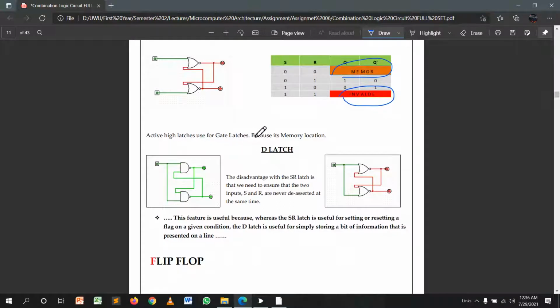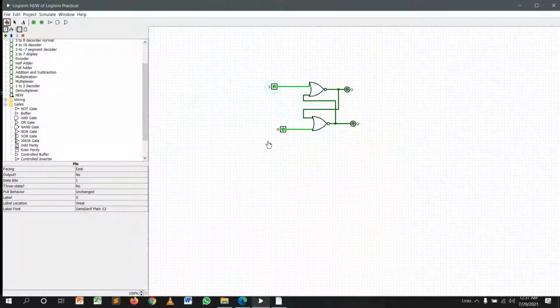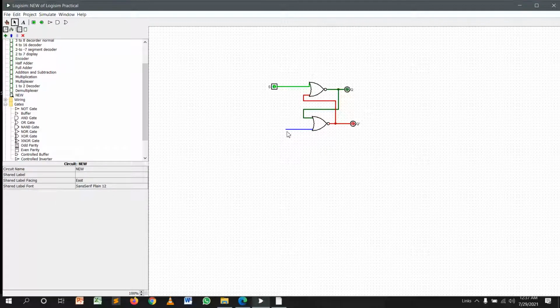Then we will move to the D latch. The D latch is another type of SR latch. It's different; it has only one input. I remove this input and connect it to this input. Then you see what the input does.